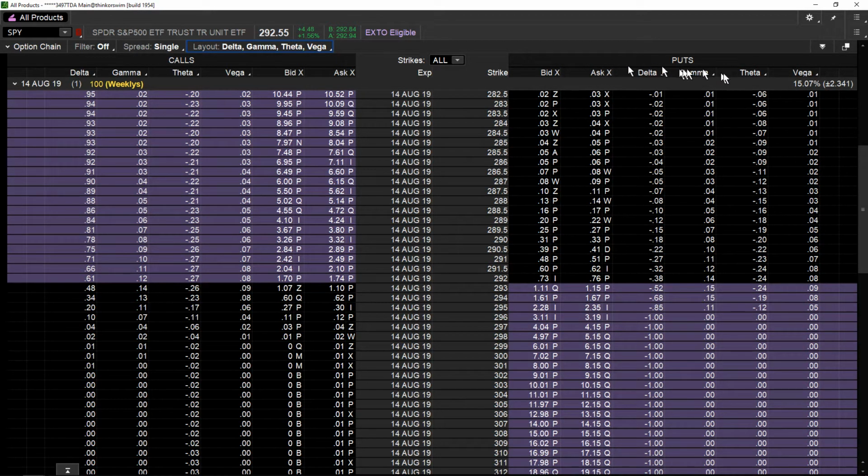But me as a day trader, I'm really only interested in the gamma. The theta, the vega, the delta are really useless to me. I don't use them or need them at all. I don't think any day trader actually needs them, for my trading style. So just wanted to point that out.